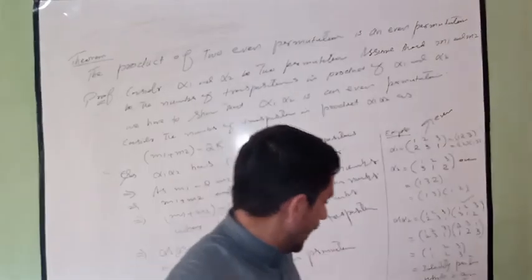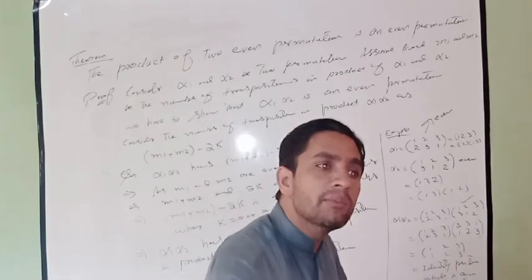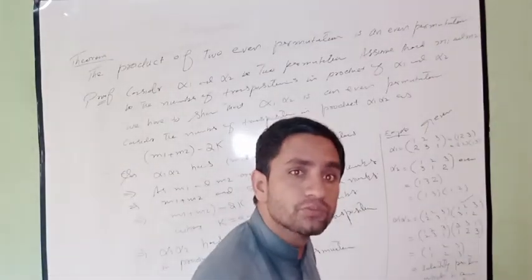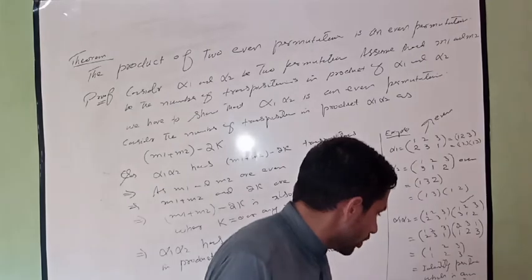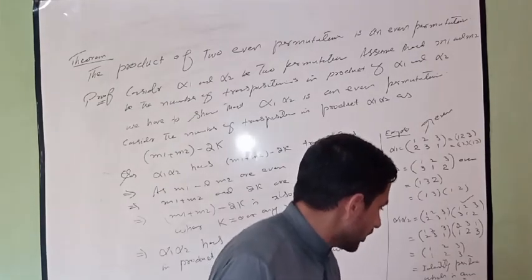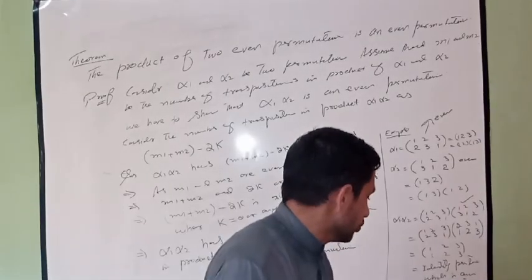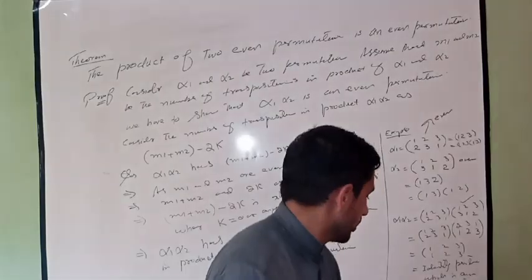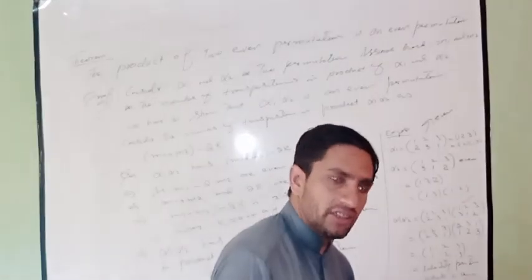We can say that alpha 1 product alpha 2 is m1 plus m2 minus 2k, and k is a number which is adjustable for the number of transpositions. So alpha 1 has 2 transpositions and alpha 2 has 2 transpositions, minus 2k, and k is adjustable as 2. When k is 2, the result is 0. It means 0 transpositions in the product of the even permutations.